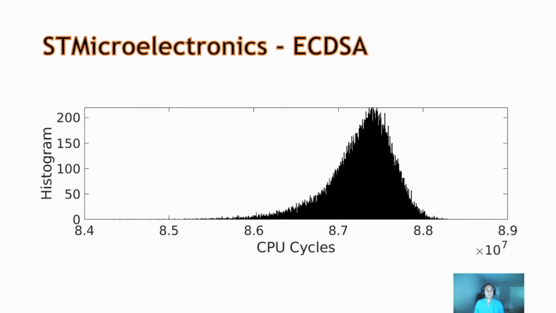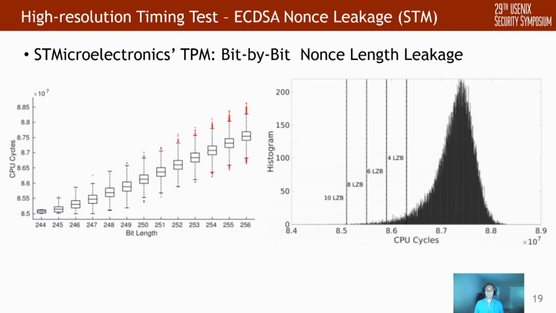Here, if we look at the histogram for ECDSA signatures that we generated on an STMicroelectronics TPM device, we see that the Gaussian distribution is not fully uniform, even though it doesn't have an obvious pattern like Intel fTPM. And similarly, we looked at the nonce for the signatures generated by this device and realized that there is a similar vulnerability here.